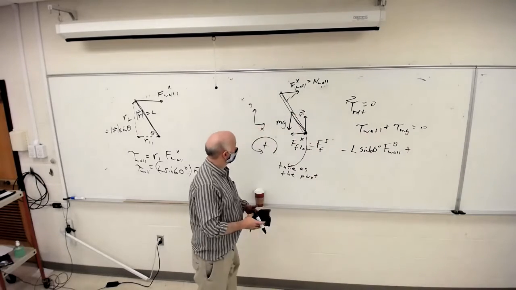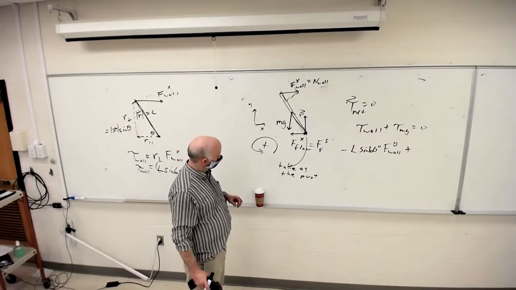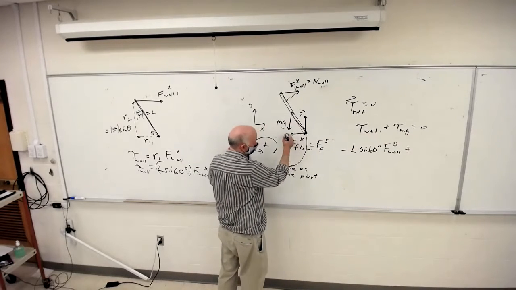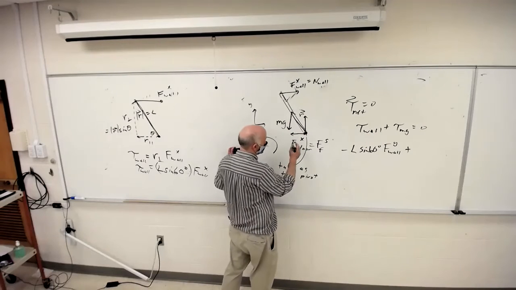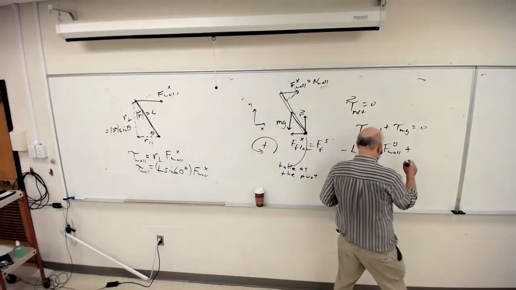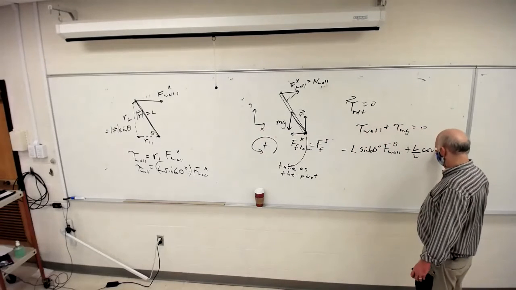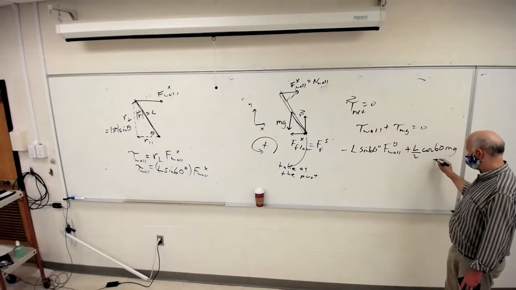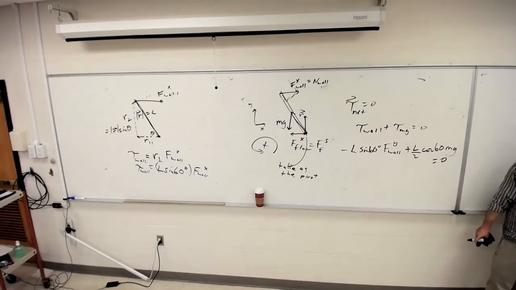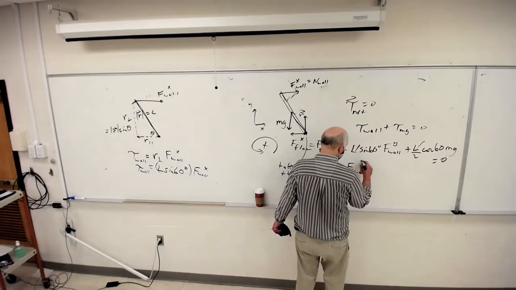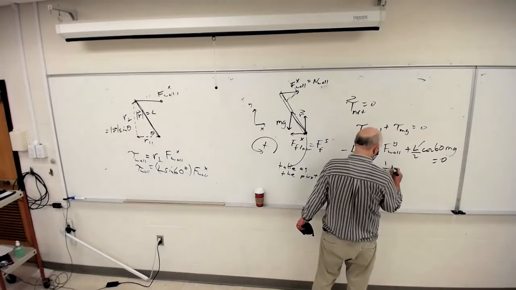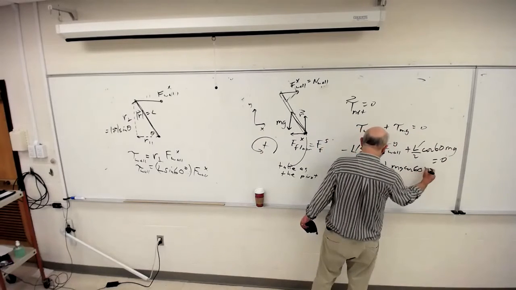This is my R. And this guy here, which is G cosine, yeah, this would be L over 2 cosine of 60 times G. Do the L's cancel out in this? Yes. This gives you F the wall is your 1/2 mg cosine 60.